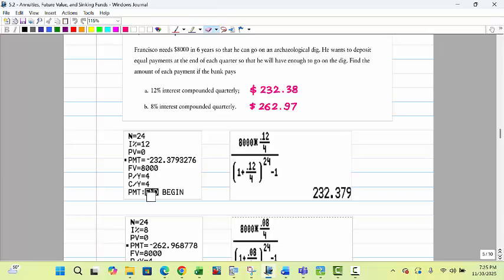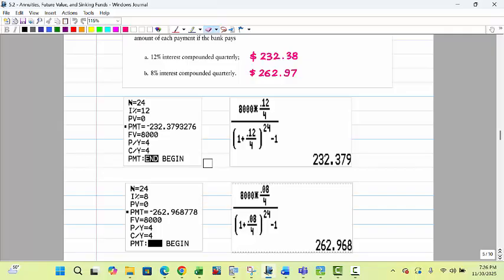4 times a year and the end, because this is an ordinary annuity. If it just says ordinary annuity, that's good enough, or equal payments at the end of the period. If it says end of the period or ordinary annuity, both mean the same formula.